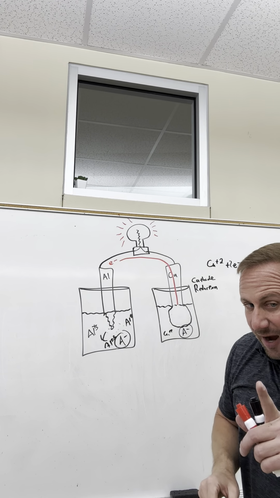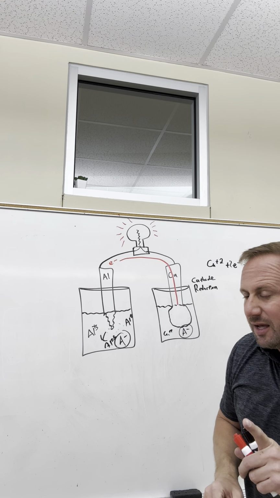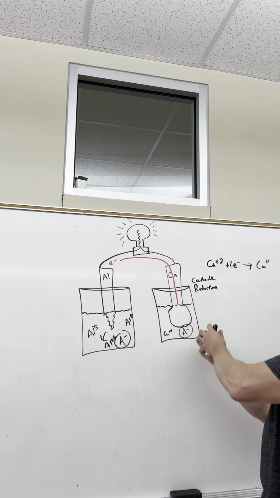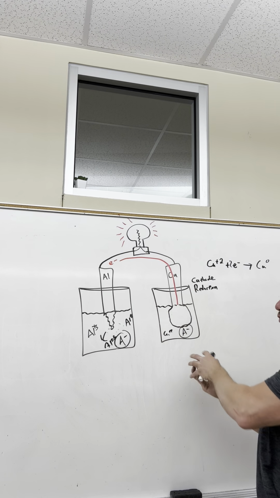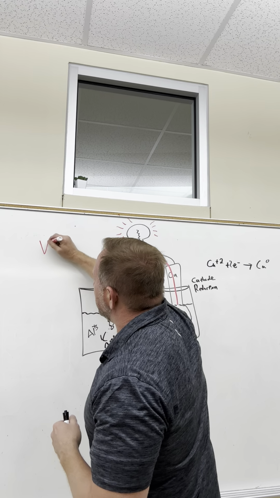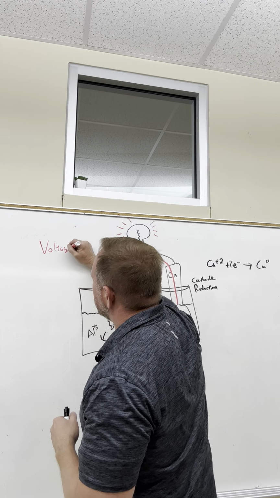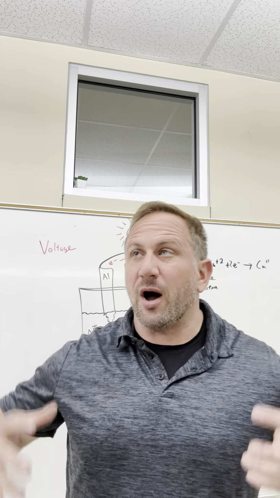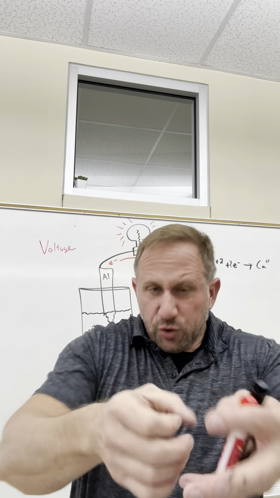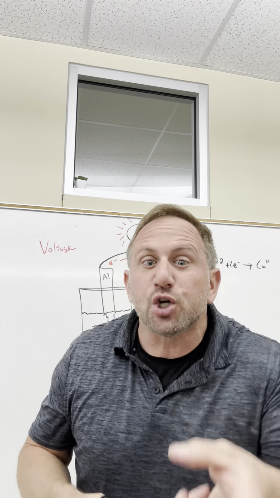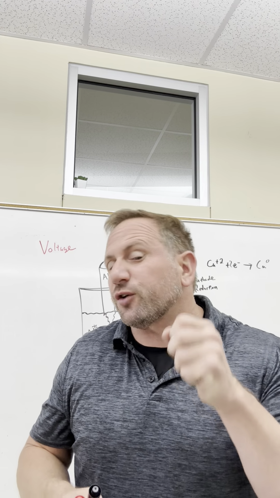And in fact, this ability to pull the electrons this way, we say is measured in voltage. Voltage is the potential to pull, the potential for energy on a charge.